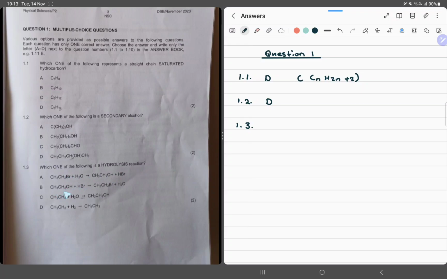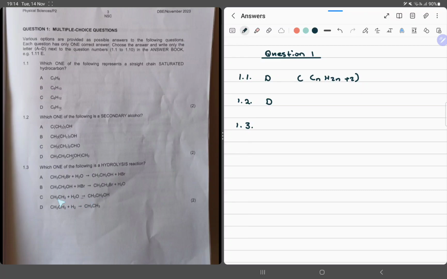This one, we've got CH3CH2OH plus HBr, and here we are essentially attempting to form a haloalkane. We did not add water; we are expunging water, squeezing it out essentially. So this is not hydrolysis.